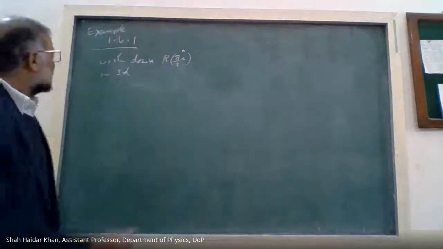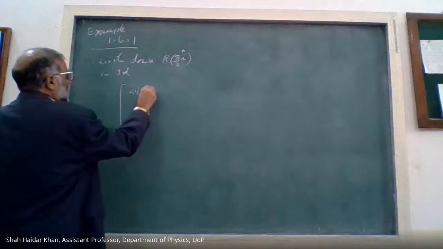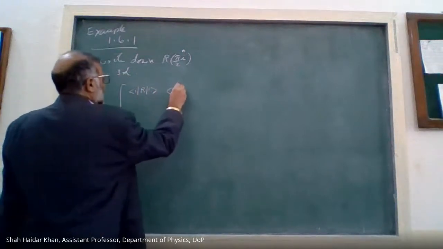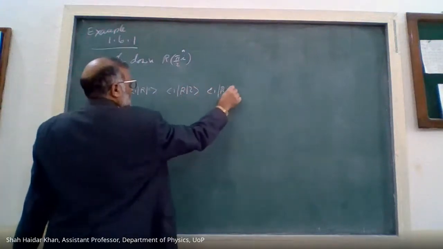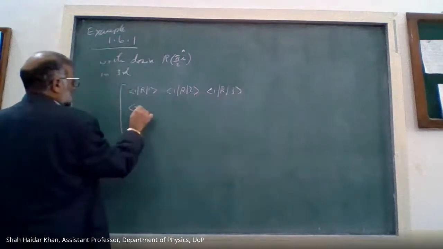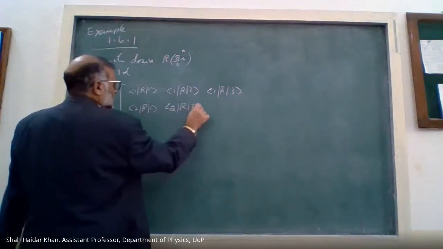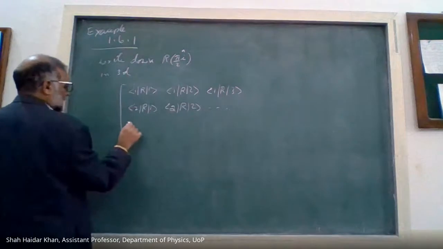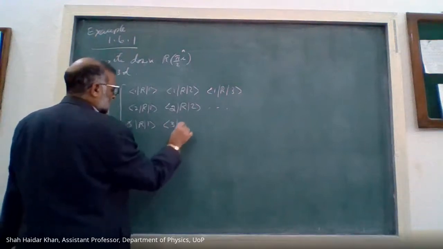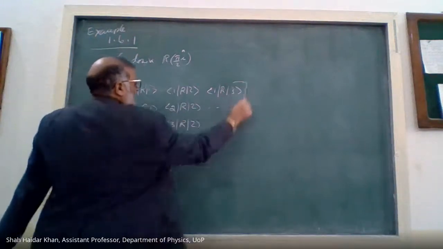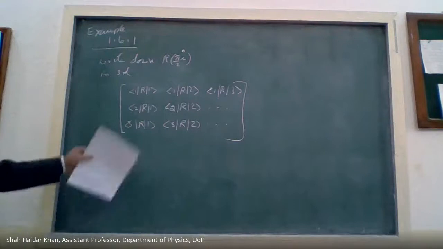We will have something like this: 1 R 1, 1 R 2, 1 R 3, 2 R 1, 2 R 2, 2 R 3, 3 R 1, 3 R 2, 3 R 3. That will be the matrix form of the 3-dimensional rotation operator.